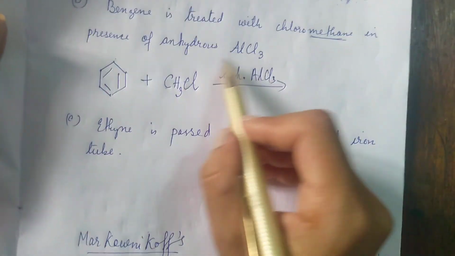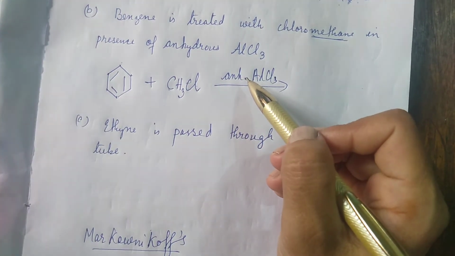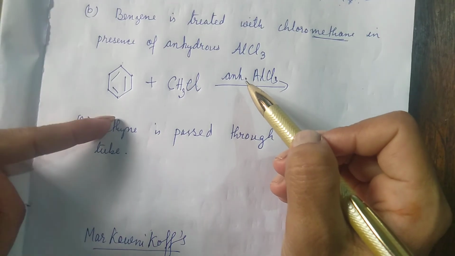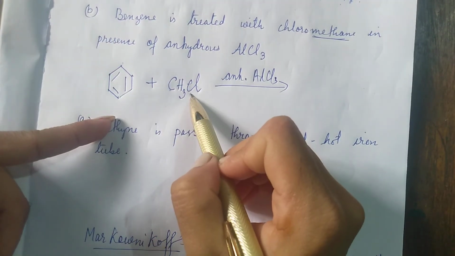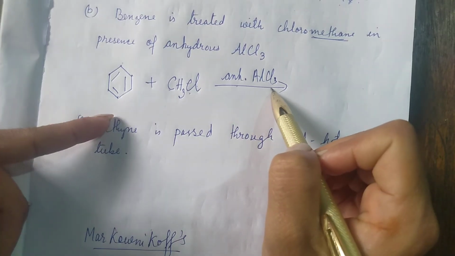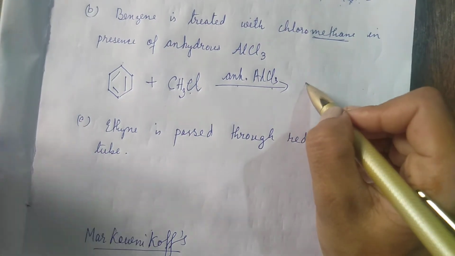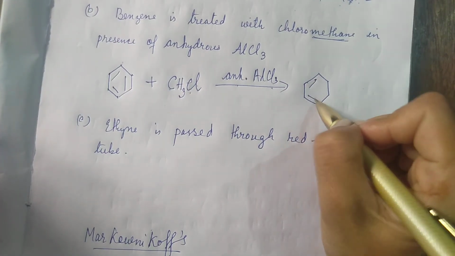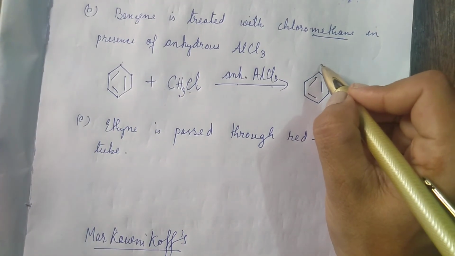Whenever you see anhydrous AlCl3, there will be either Friedel-Crafts alkylation or Friedel-Crafts acylation. Benzene ring with alkyl halide in the presence of anhydrous AlCl3 is the Friedel-Crafts reaction. If you learn the Friedel-Crafts reaction, then you can write these reactions properly.